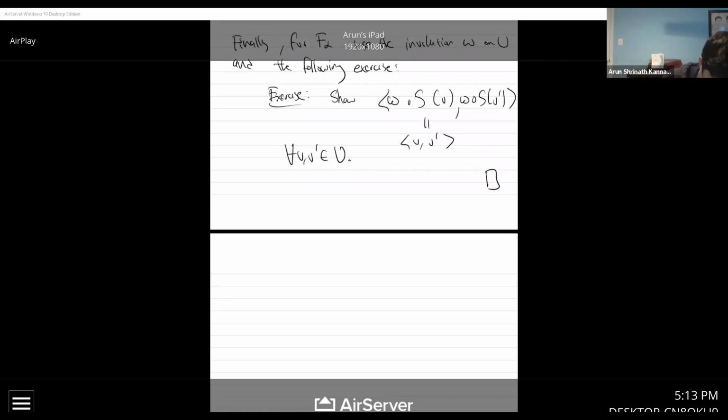So let's write it this way: if for u in U, w paired with u is equal to 0 for all w in U, then u equals 0.